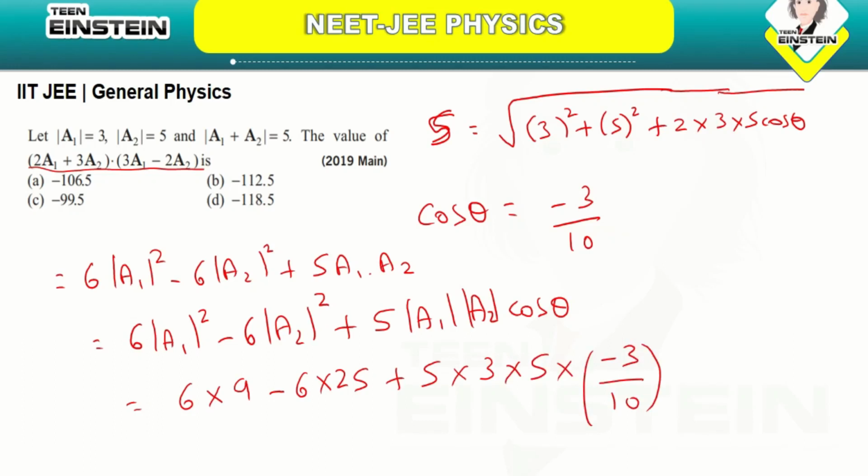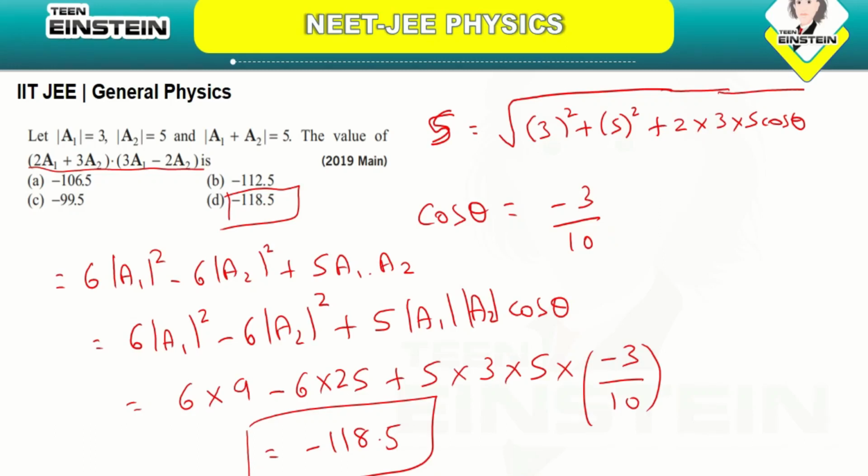Okay, because cos theta is minus 3 by 10. So when you solve this, you will get minus 118.5. Okay, so the correct answer is option number D. So the value of 2a1 plus 3a2 dot 3a1 minus 2a2 is minus 118.5.